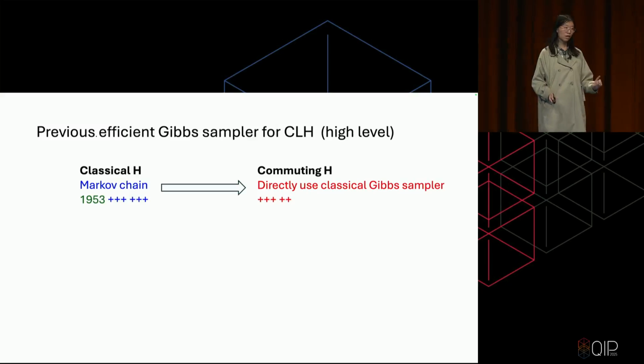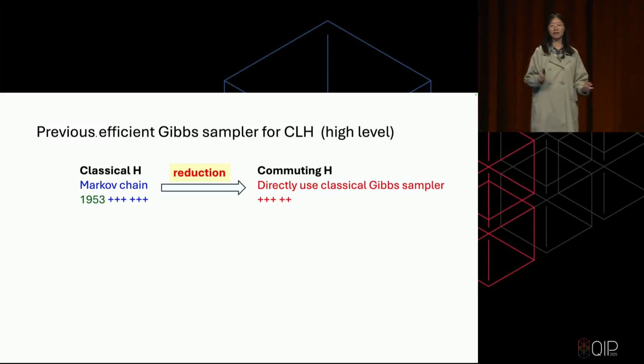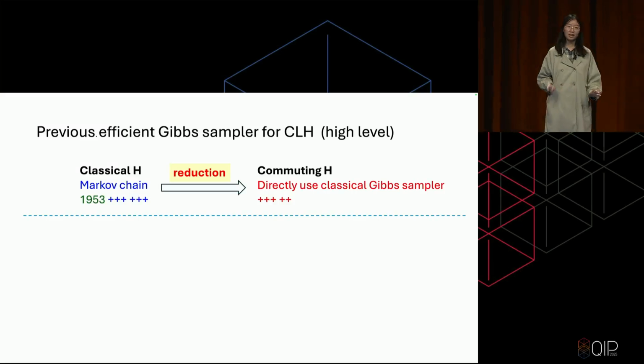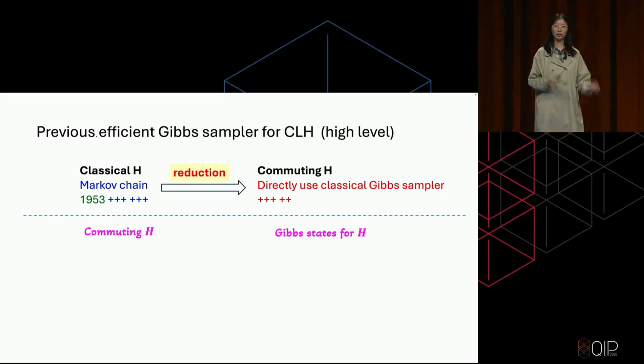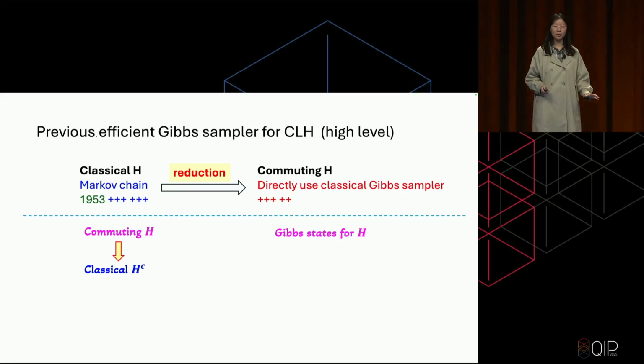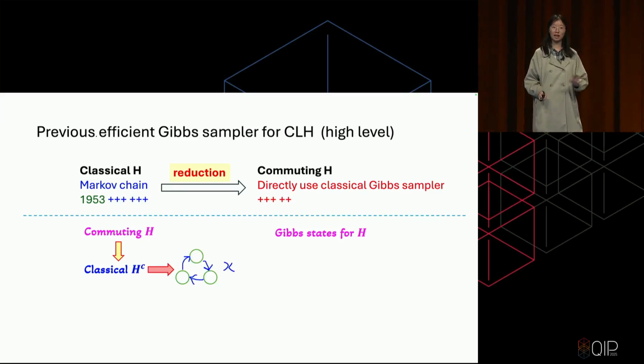In one word, we are doing a kind of reduction. More precisely, we are given a commuting Hamiltonian H, and our goal is to prepare the Gibbs state for H. From a very high level, we first compute a classical Hamiltonian, say H', which is related to H. Then we run a classical Markov chain for this classical Hamiltonian.